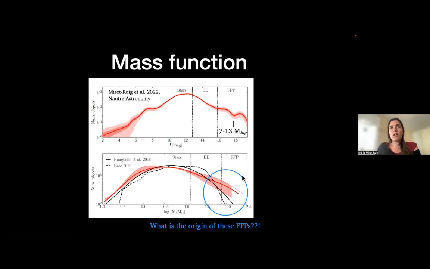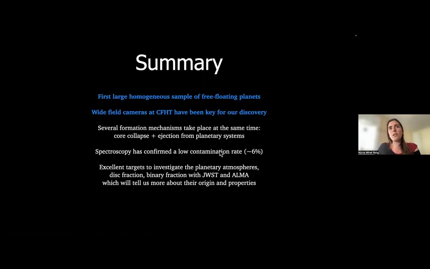And I will just finish with a summary of what I have just been explaining. Basically, I presented the first large homogeneous sample of free-floating planets in the region of Upper Scorpius. I also mentioned that wide-field cameras at CFHT have been crucial for the discovery of all these free-floating planets.